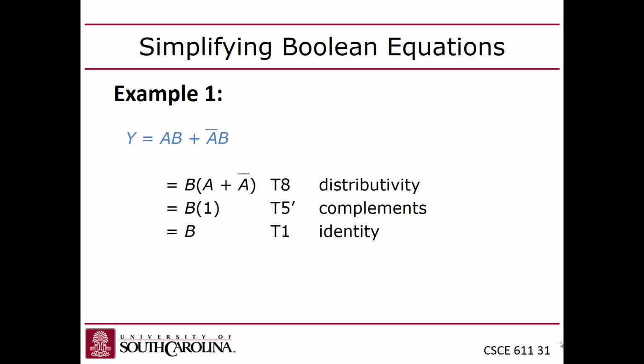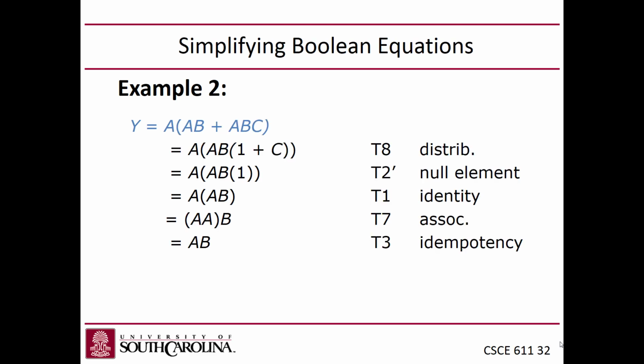In this case, you've got this expression. You can take A and B out through distributivity again. So this gives you A and B, ANDed with true or C, which is equivalent to true.